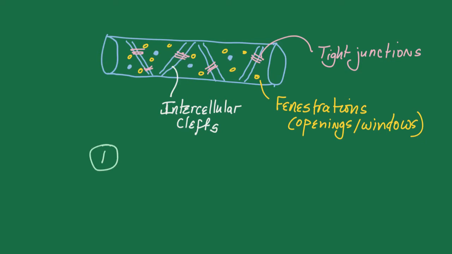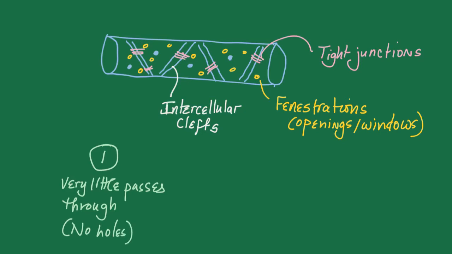into three types. The first type tends to be somewhat sealed, so it has no holes, it has no fenestrations, and very few things can pass through this type of capillary. That's the first type. The second type of capillary has some spaces between the cells and it has fenestrations.